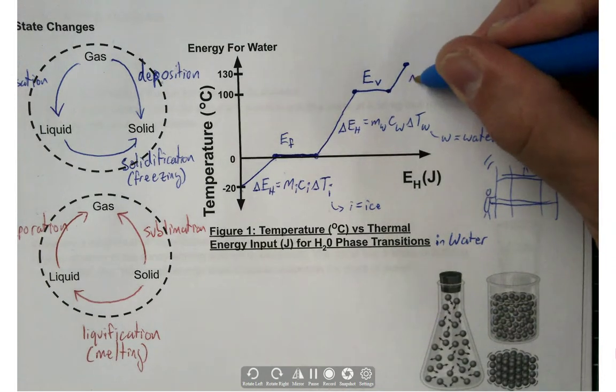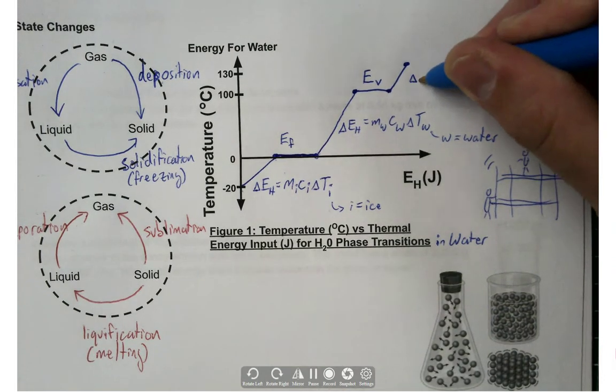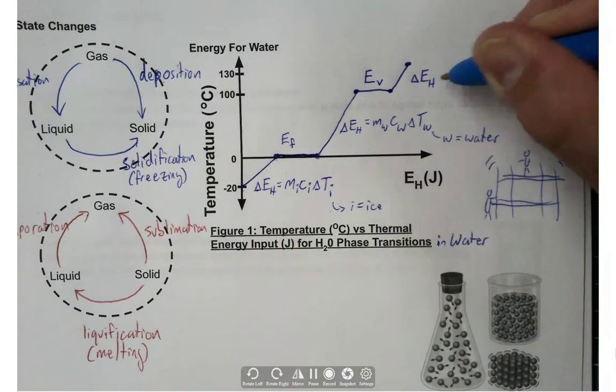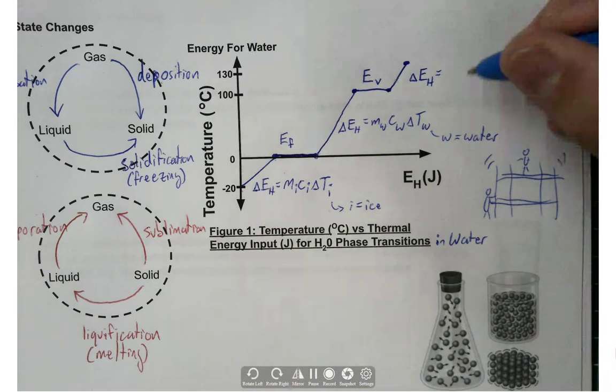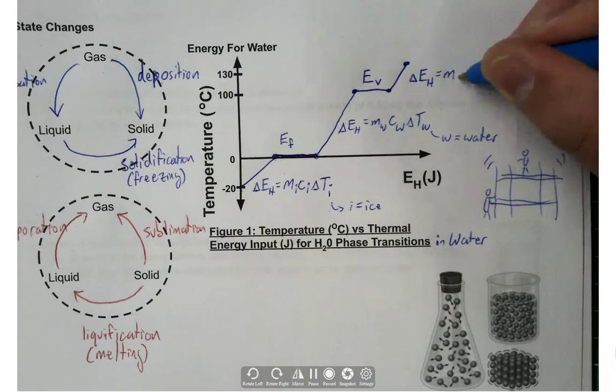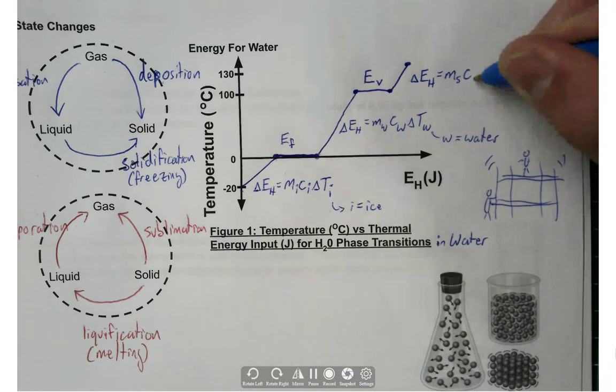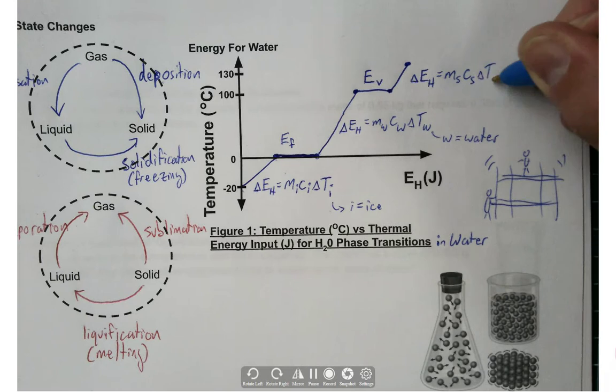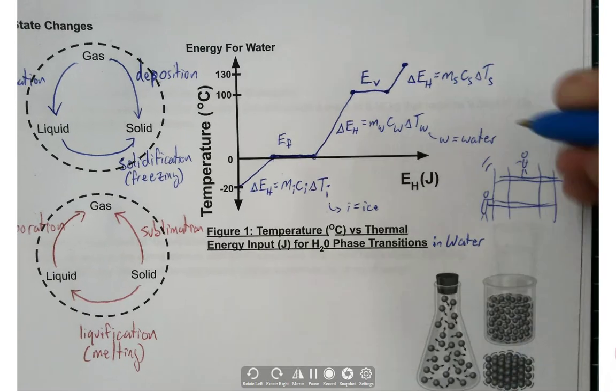And we get superheated steam. Well, not that super. But the heat energy to get it up to that 130 degrees would be equal to the mass of the steam times the heat capacity of steam times the change in temperature for the steam. S is for steam.